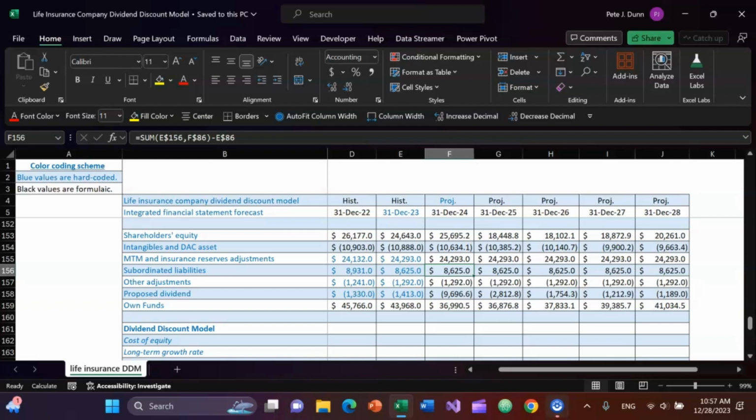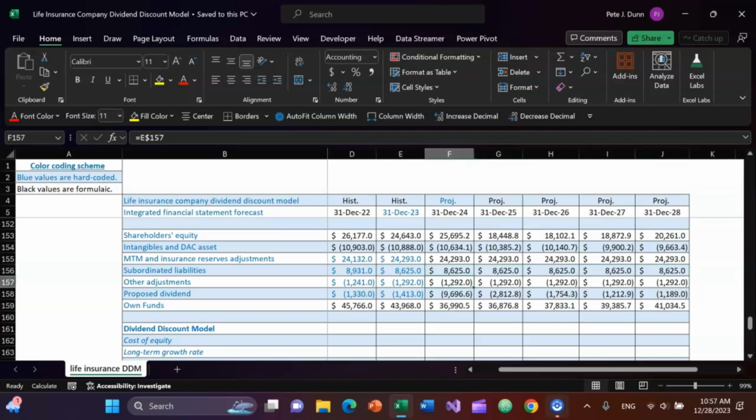Similar to subordinated liabilities, so that's an assumption that effectively, by summing up rows 156 and subtracting out row 86, I'm assuming the subordinated liabilities stay constant.